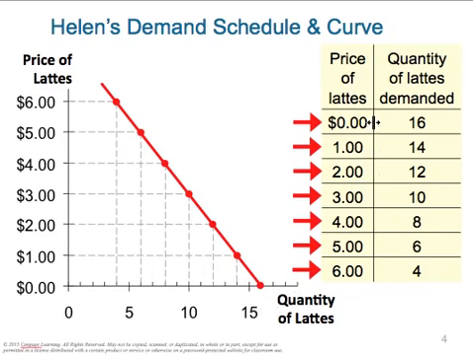We can plot the prices. We have the prices here and their corresponding quantities. At $6, Helen wants 4 lattes. At $3, Helen wants 10 lattes, and so on and so forth. You just make your dots there, and then we play everybody's favorite game, connect the dots, and you have a demand curve.